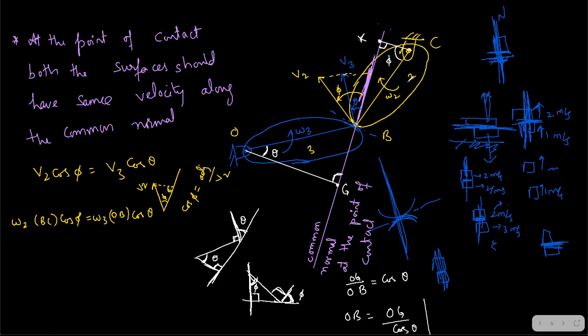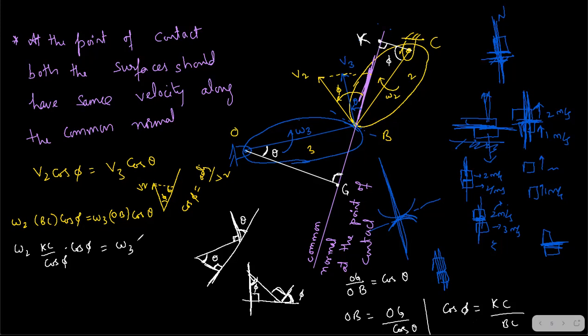Similarly, on the top, you can say it is CK or KC. So I can say cos phi is equal to KC divided by BC. So BC is equal to KC by cos phi. So I can write here omega 2 into BC is equal to KC by cos phi into cos phi. So cos phi got cancelled. You can see that the angle got cancelled.